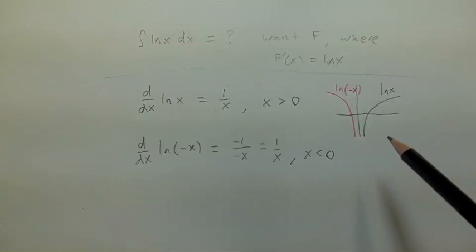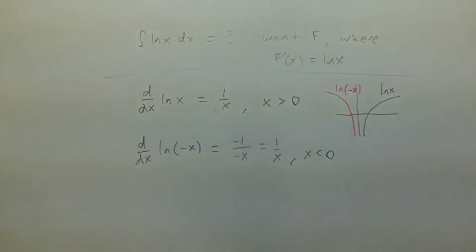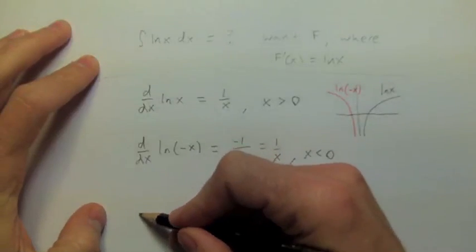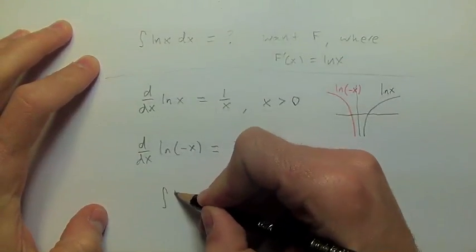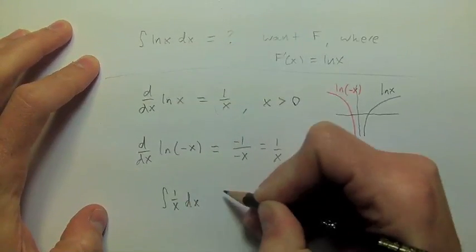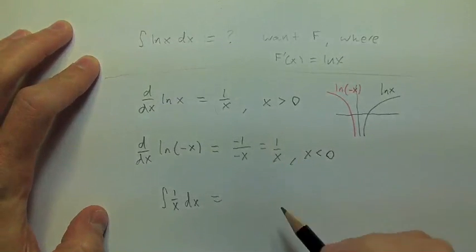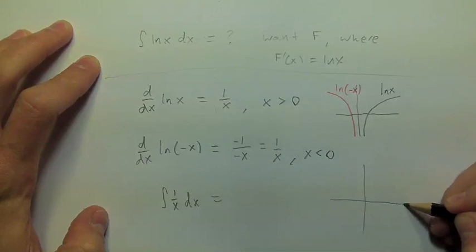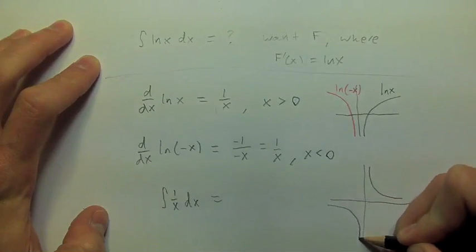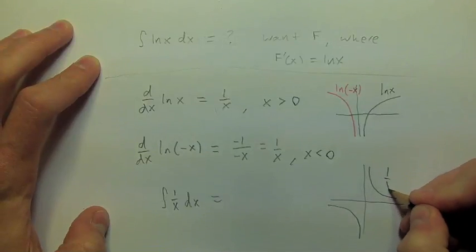Okay, so actually, if I want an integral rule for 1 over x, it exists where 1 over x does, so 1 over x exists everywhere except for 0, right?